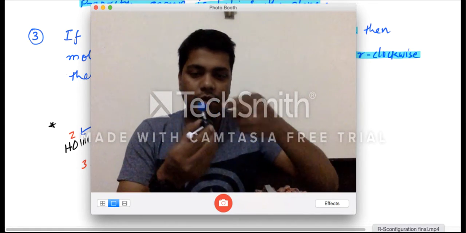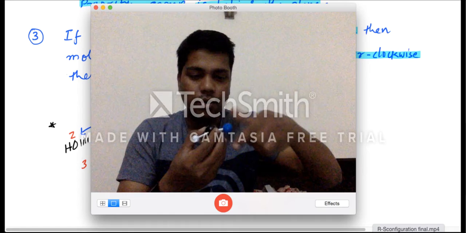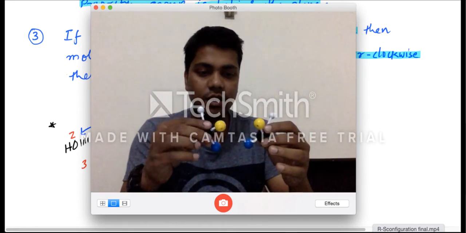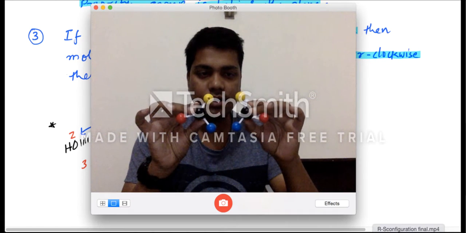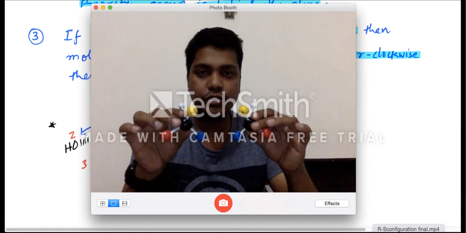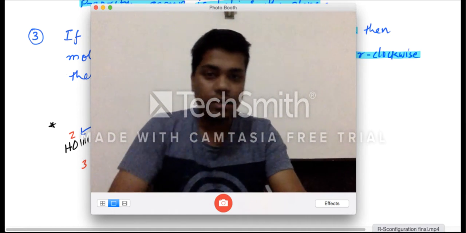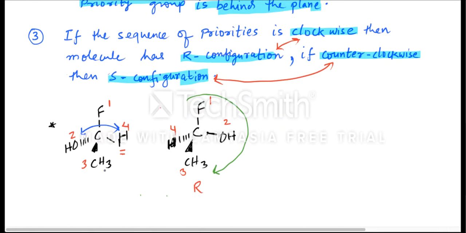We will replace blue and yellow, and we can see now that these two are mirror images. So we can conclude that if we exchange two bonds, then we will get the mirror image of the original structure.